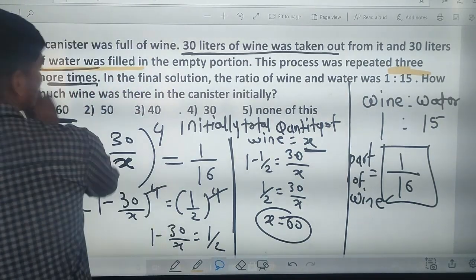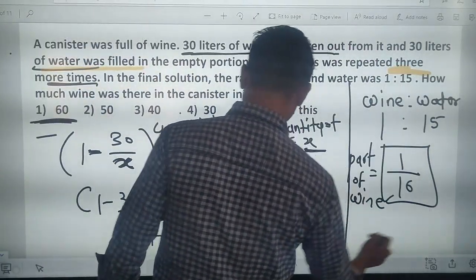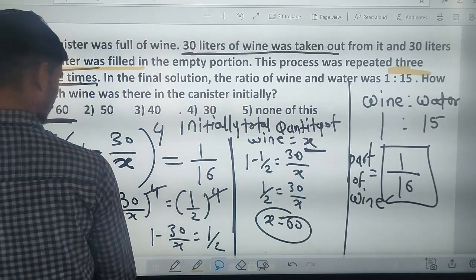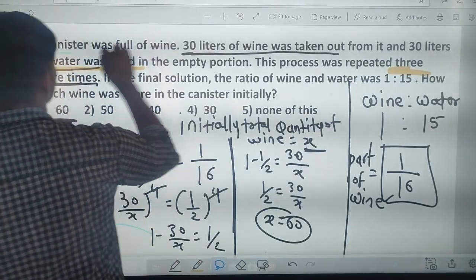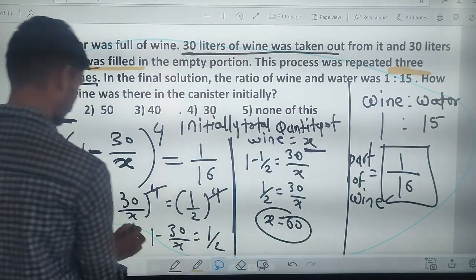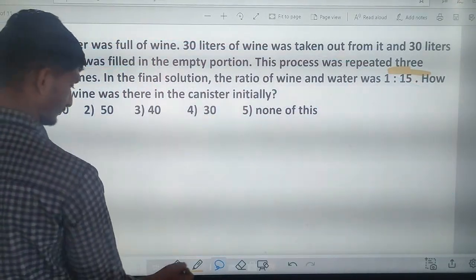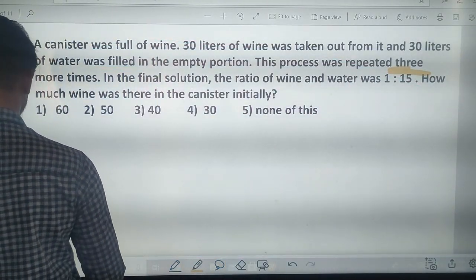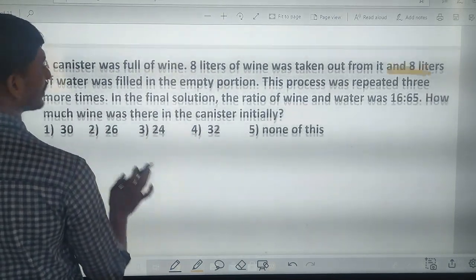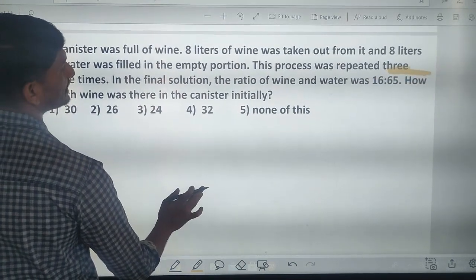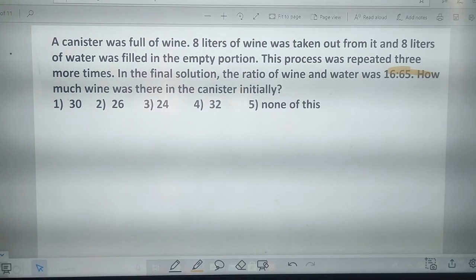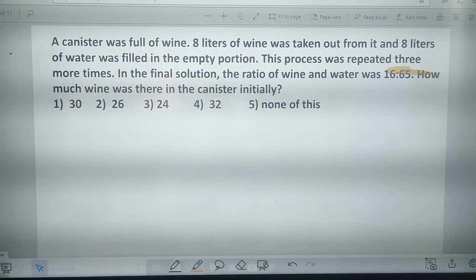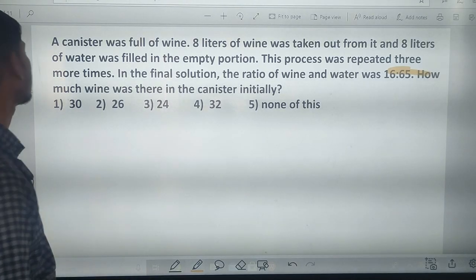Next. Same here, 8 liters of wine was taken out from it and 8 liters of water was filled in the empty portion. This process was repeated 3 more times.